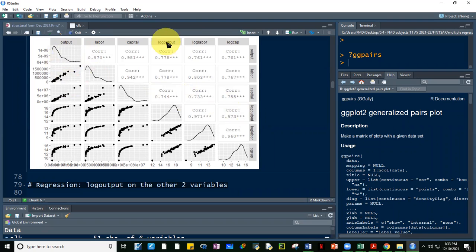Log output and its correlation with, ito yung correlation niya with log labor. Ito. So it's very high, no? Log output and log cap. Okay, but log labor and log capital, ito, no? Very high din, no?